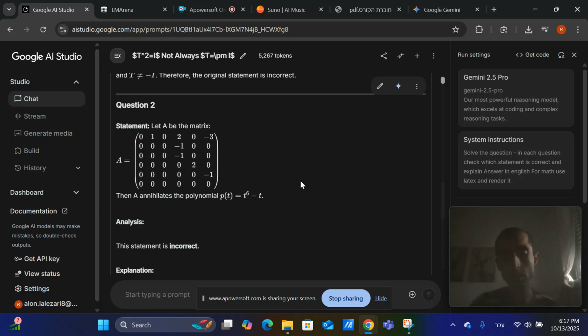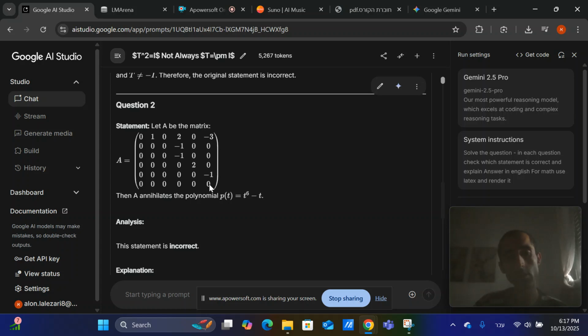Now, Cayley-Hamilton really can help us solve it very easily. You know, this is an upper triangular matrix, right? Because everything below the diagonal is 0.